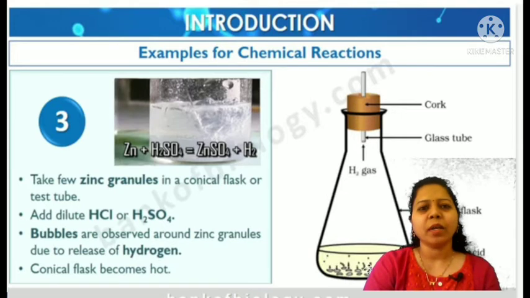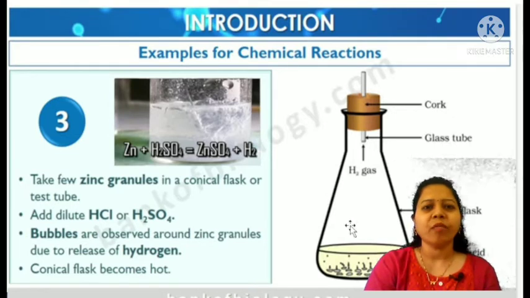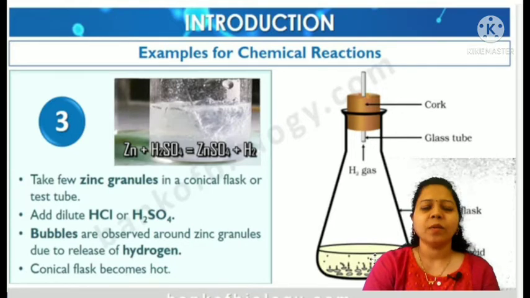Why is this happening? Because the reaction of zinc granules and acid produces some amount of heat as well as hydrogen gas. Because of the hydrogen gas, bubbles appear around the zinc granules, and the conical flask becomes hot after this reaction.